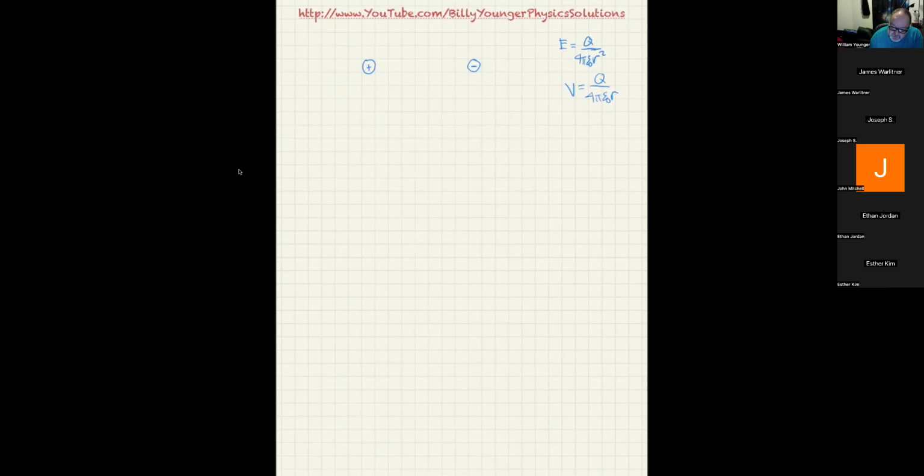So if I imagine the positive charge being all by itself, then I would imagine this right here, that was supposed to be red, being an equal potential surface. In other words, I would feel exactly the same force at any part on this circle as I do on any other part.